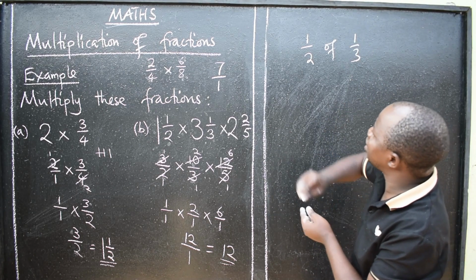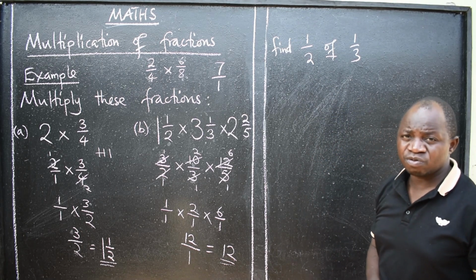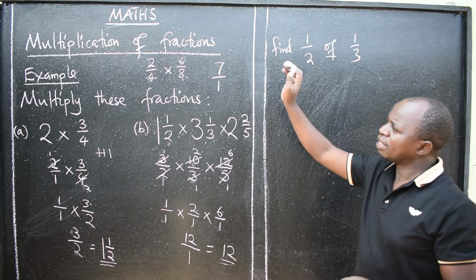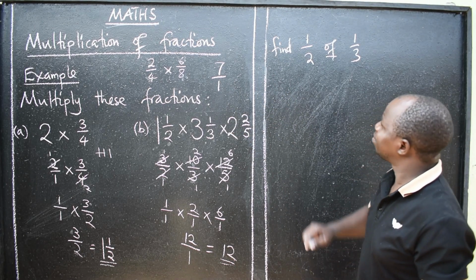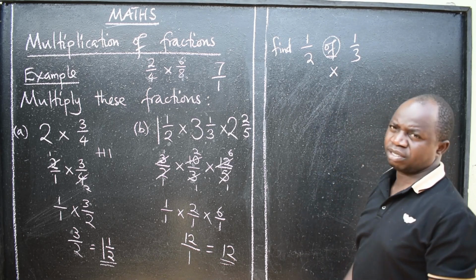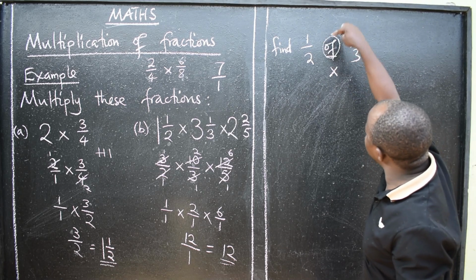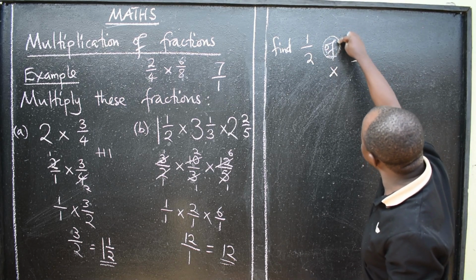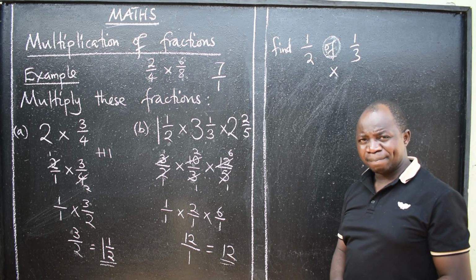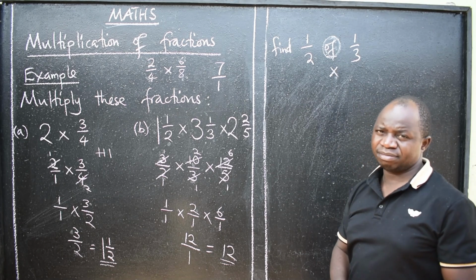When I say find this, I've used the word of. You should always remember that when it comes to fractions, of means times. Okay? Whenever you see this, find 1 over 2 of, it means here they are saying you should put it times. Okay? Is that clear? Of means times.